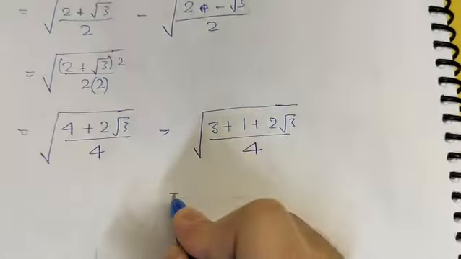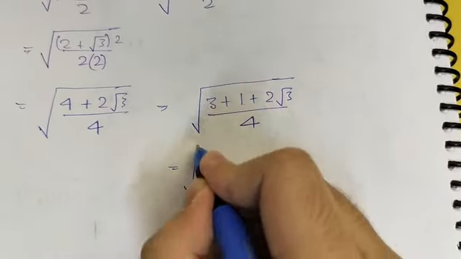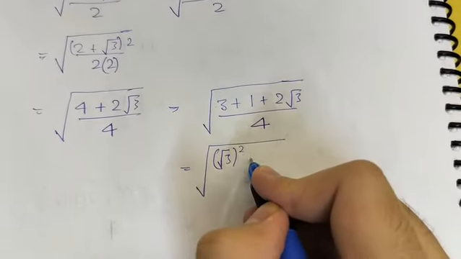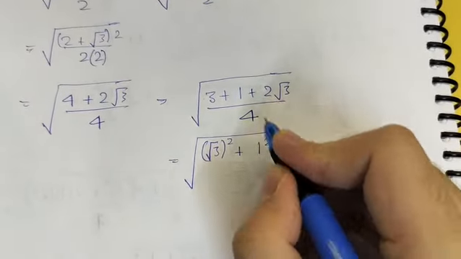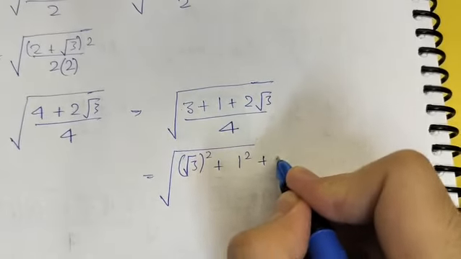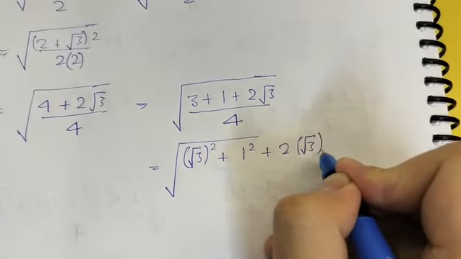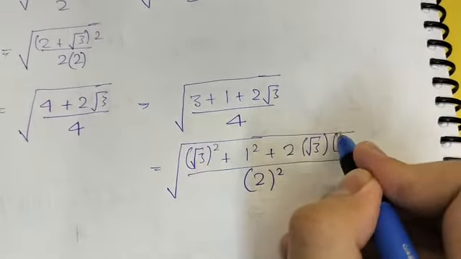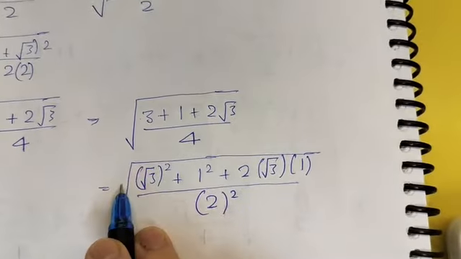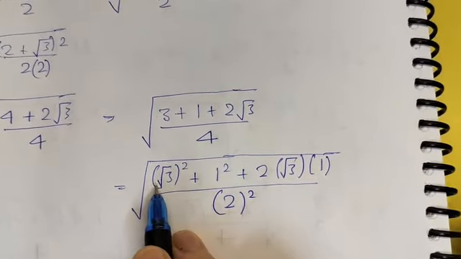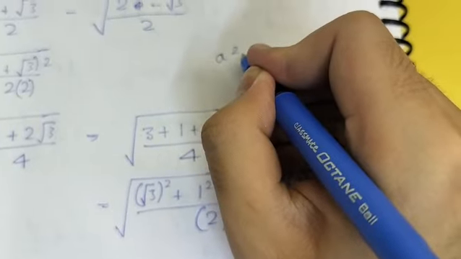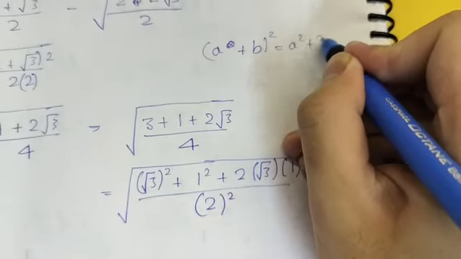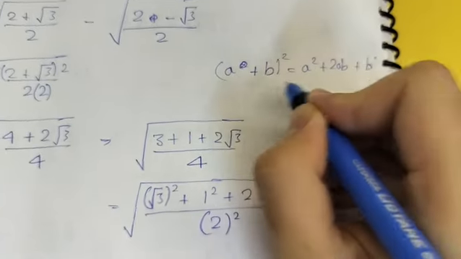And now we can write the 3 as root 3 whole squared, plus 1 whole squared, because 1 squared is equal to 1, and then write this as 2 into root 3 into 1, upon 2 squared. Now in this numerator we can see the identity of a square, a plus b whole square, is a squared plus 2ab plus b squared.